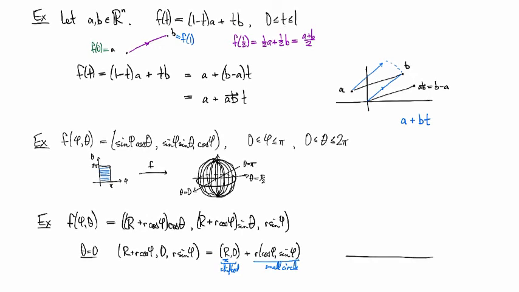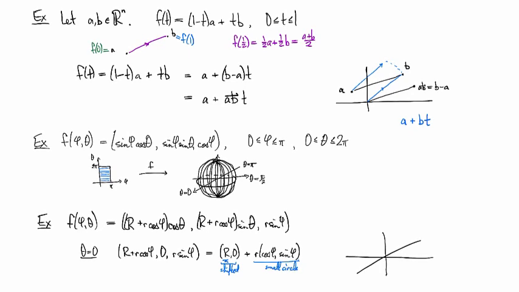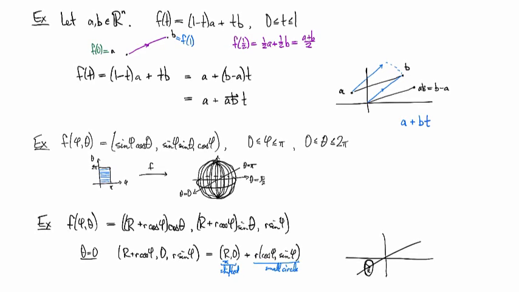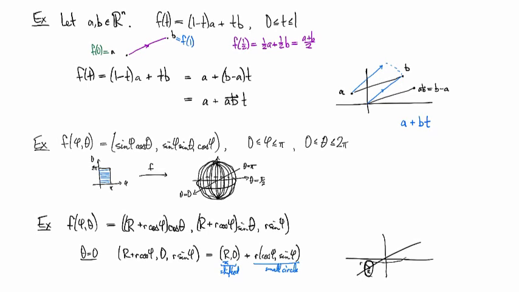So if I draw what this looks like, it's going to be this circle out here, and so this is supposed to be in the xz plane, and it's out here, and it's at distance R, and then the radius of this little circle here is little r. And now what happens is, as theta changes, the circle moves.